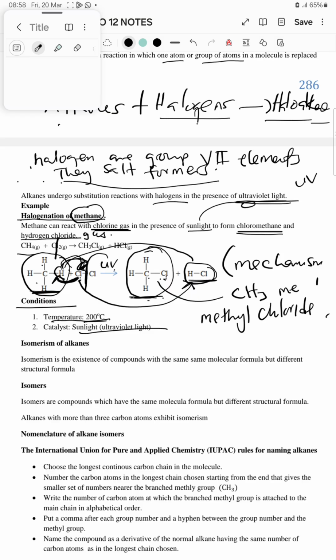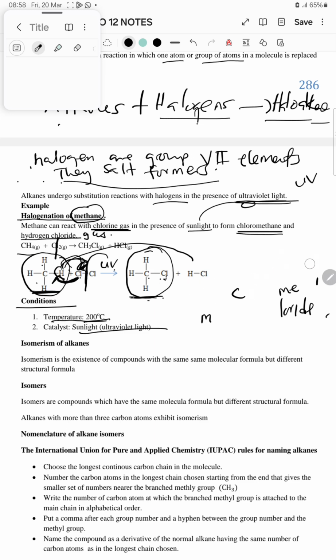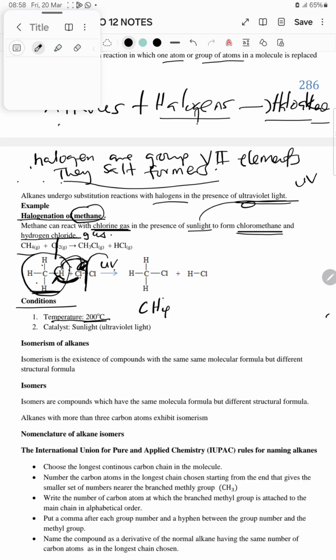What are the conditions? Temperature should be 200 degrees Celsius. Catalyst, sunlight. So the way I also like it when you're dealing with organic chemistry, so that you don't forget about the conditions, you can even do this: CH4 gas plus Cl2 gas should be able to form CH3Cl plus HCl. This is a gas, and this is also a what?